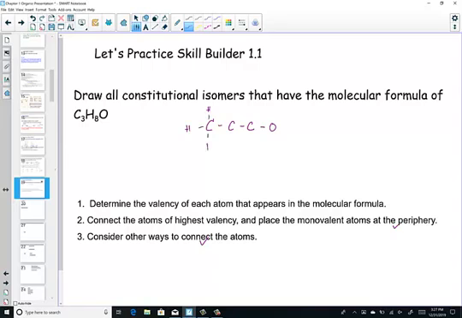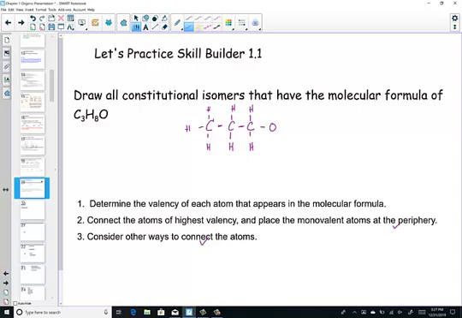So for instance, since carbon requires 4 valence bonds, it would require 3 hydrogens to complete the octet. This carbon in the center already has 2 bonds, so it requires 2 hydrogens to complete the 4 bonds it needs. Same here, this hydrogen and this hydrogen complete that carbon's 4 valence bonds.